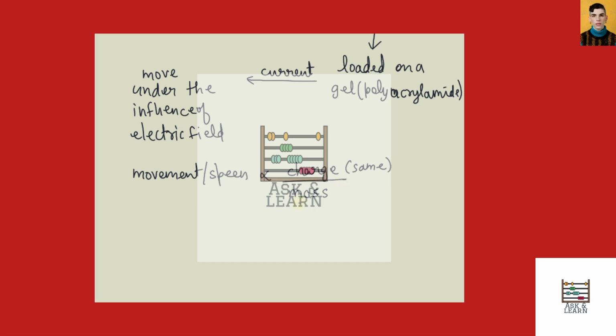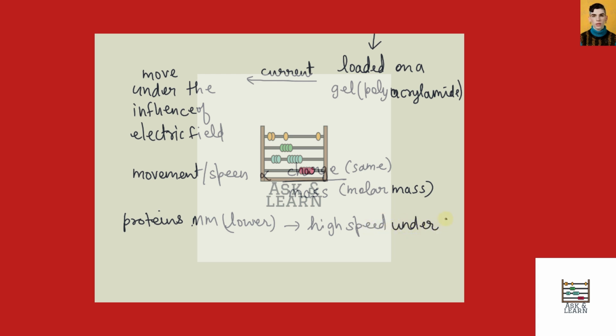Now proteins differ in their molar masses. That is why proteins with lower molar mass will have high speed under the electric field.